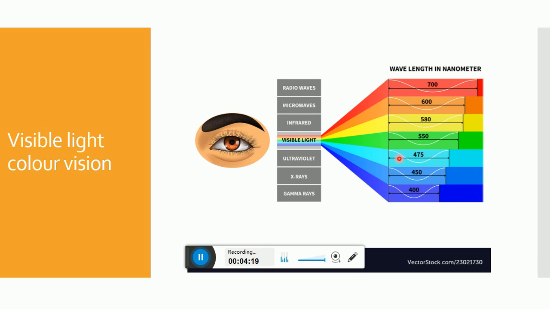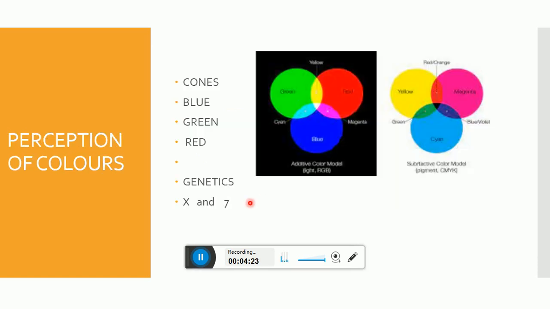Color is perceived by 3 populations of cone photoreceptors in the retina. These are sensitive to light of short wavelength, which is blue, middle wavelength, green, and long wavelength, red. Short, middle, and long.